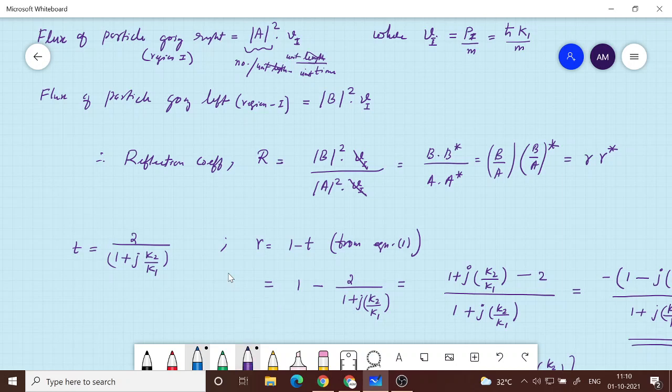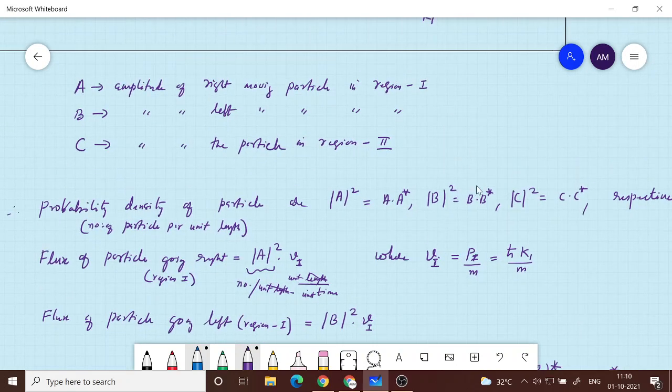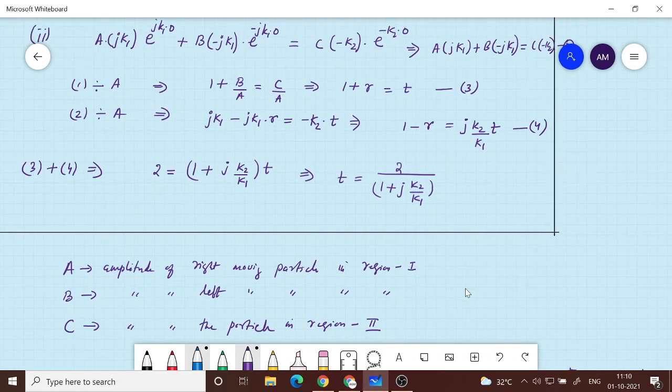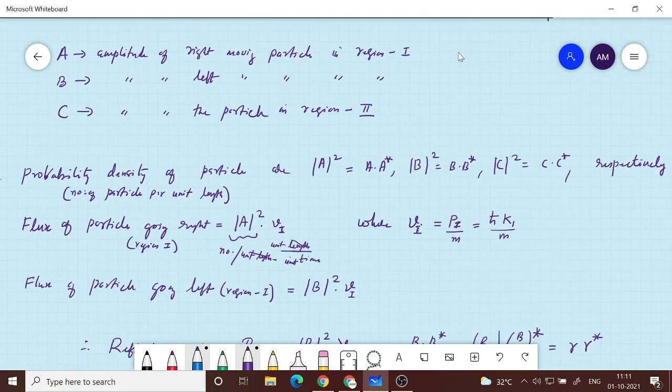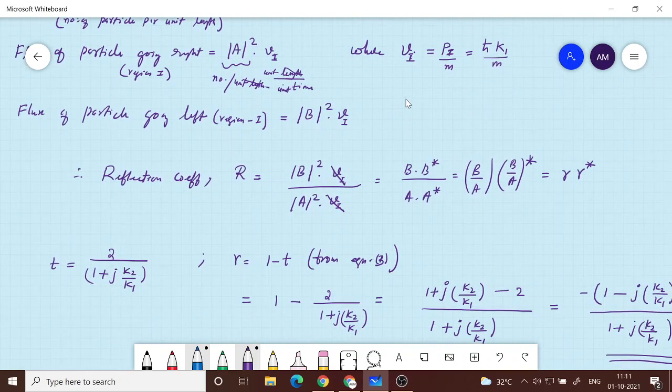Sir, from equation 3, if 1 plus r equals t, then to get 1 minus t, it should be minus r. Oh, is it? Okay, let me just check. 1 plus r is t. So it should be t minus 1, right? Yes, sir. r should be t minus 1. Oh, right.